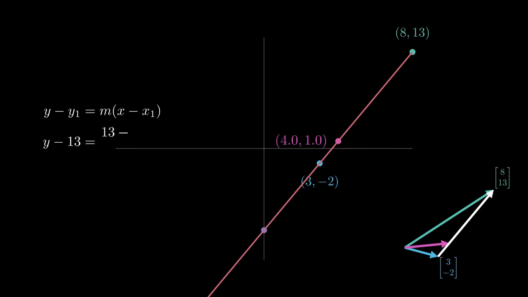So I'll use the point Q. Here's the gradient, change in y over change in x. And then subtract the x value of Q. Just work this out now. Kind numbers, once again. The gradient is 3.